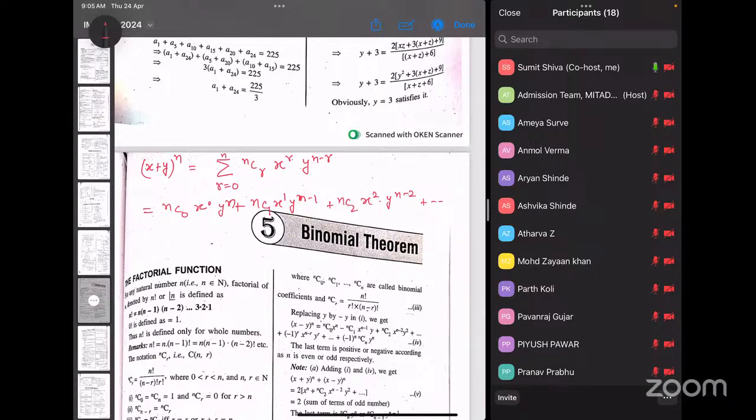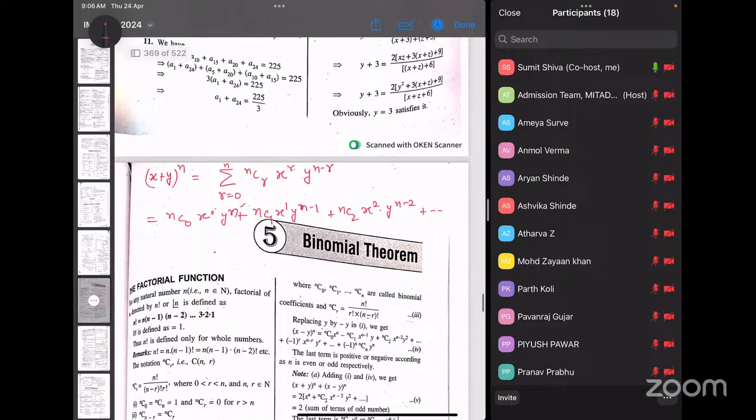The second interesting and important property in the expansion is that if we select any term randomly, then the sum of the powers of the variables x and y will always be a constant value, and that will be n. If you add the power of y with the power of x, it will be the highest possible power, that is n.